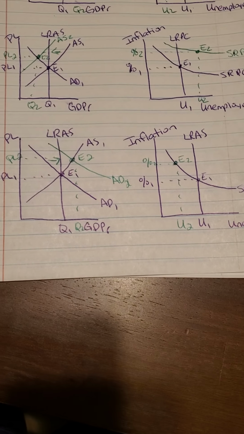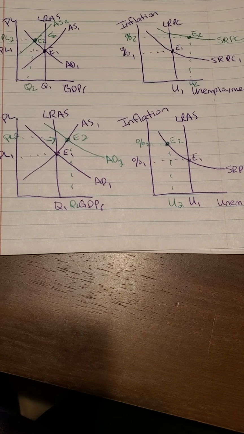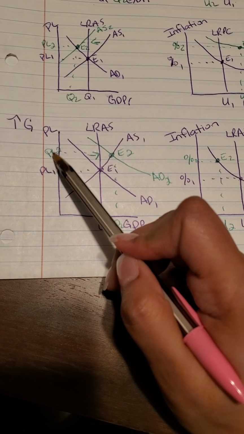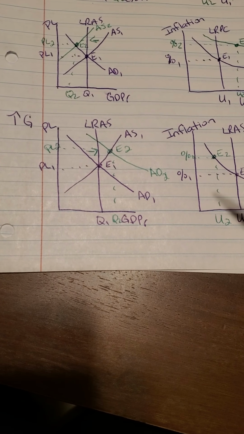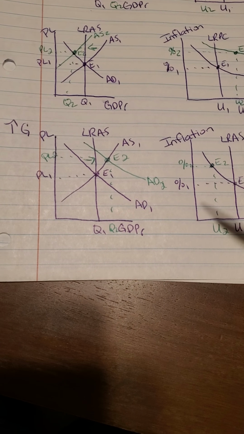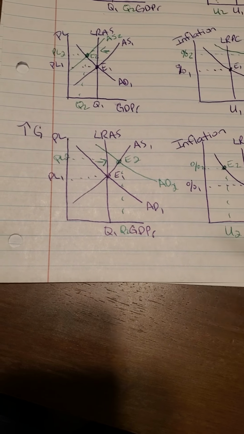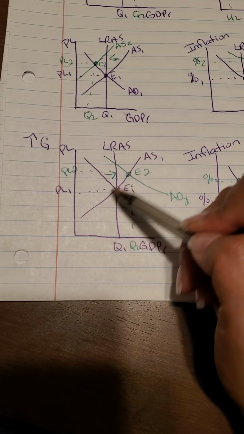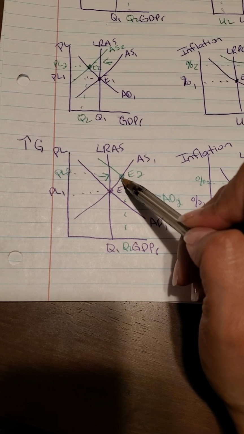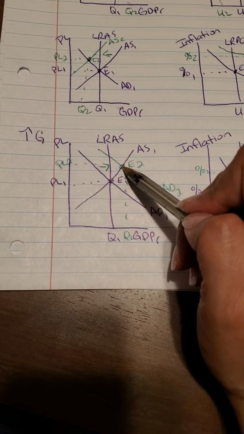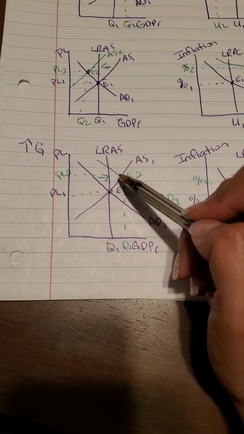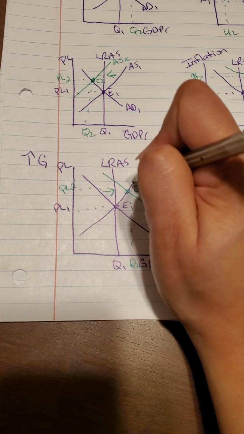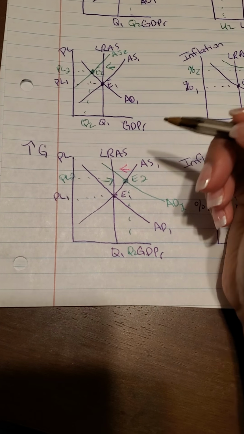Okay, let's go ahead and take it a step further and say what happens in the long run. Well, in the long run, we know that price level increased and our workers are going to be like, hey, I can't afford my life, I need a raise. I'm not cutting it with no $7 an hour, so give me a $20 raise. So if our workers are now more expensive, then our resources are more expensive. Resource prices is a shifter of aggregate supply, so if they're more expensive, that's a decrease in aggregate supply.